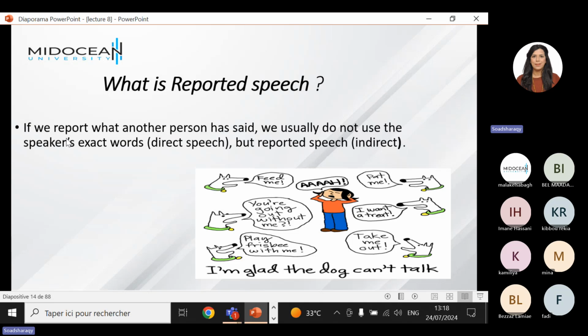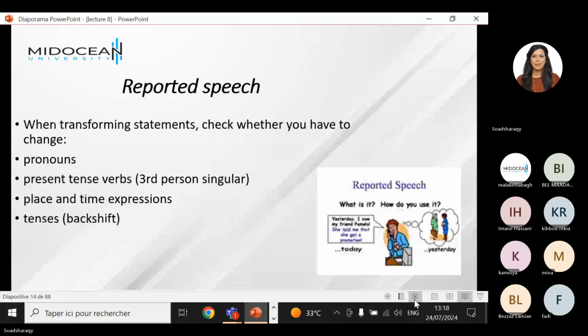If we report what another person has said, we usually don't use the speaker's exact words, direct speech, but reported speech. Reported speech statement. When transforming a statement, check whether you have to change pronouns, present tense verbs, third person singular, place and time expressions, tenses, backshift.